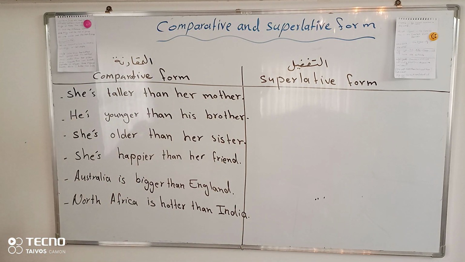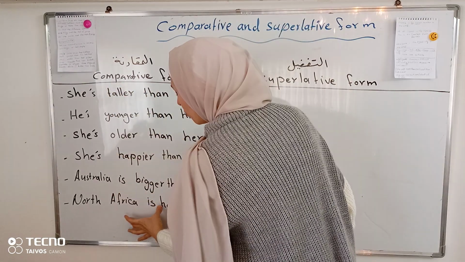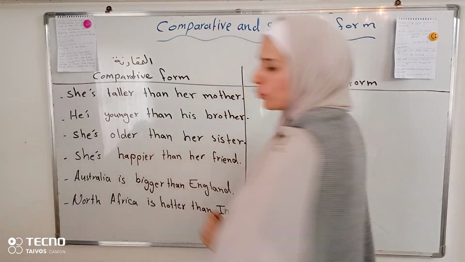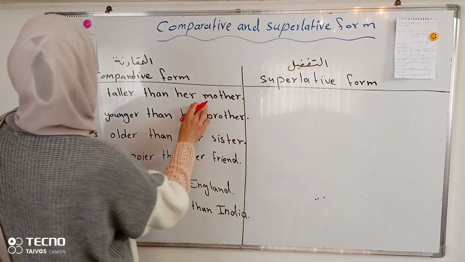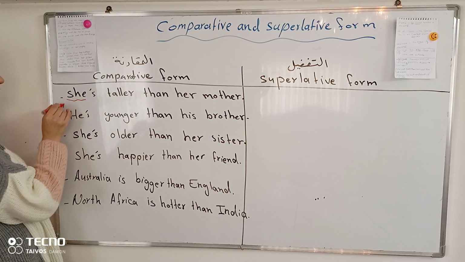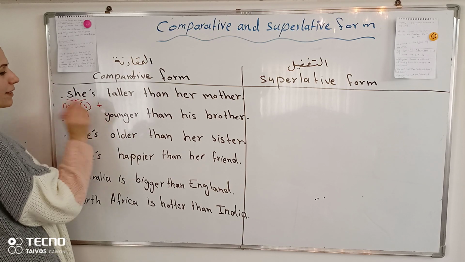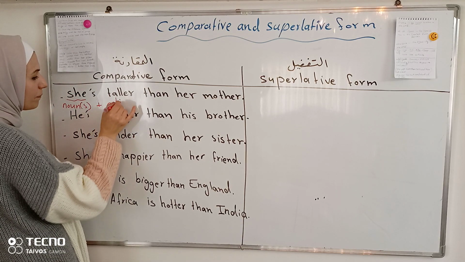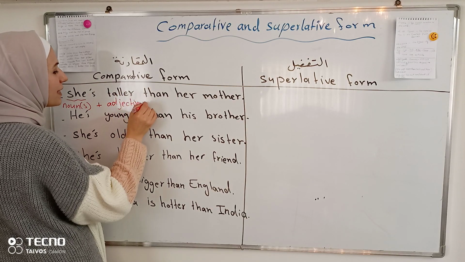Now we are going to find out where is the adjective here. She is taller than her mother. Where is the adjective here? We start with the noun, which is the subject, plus adjective, plus er.